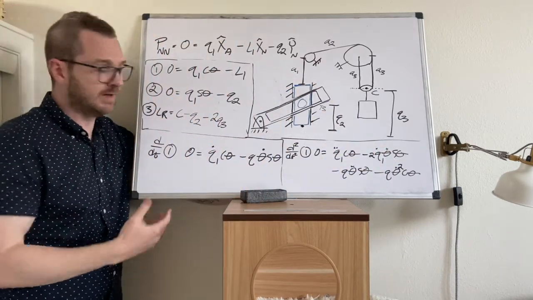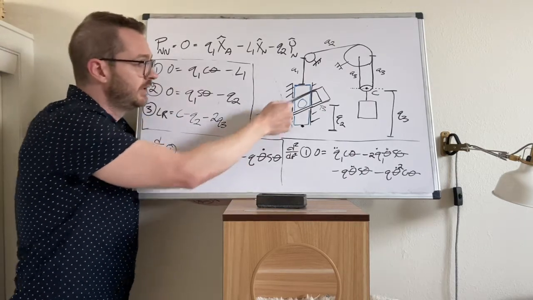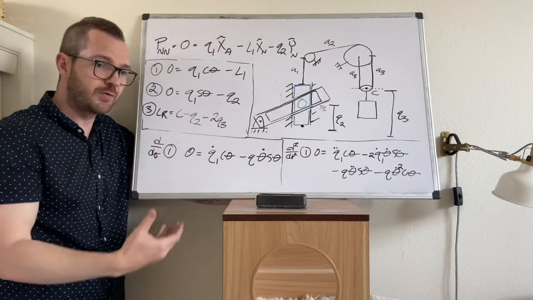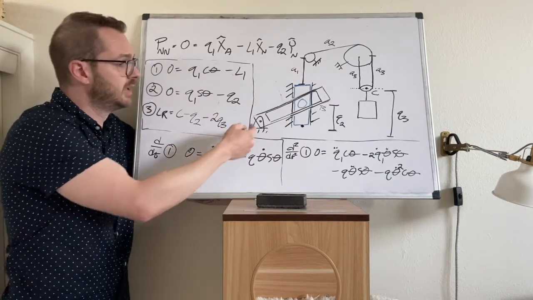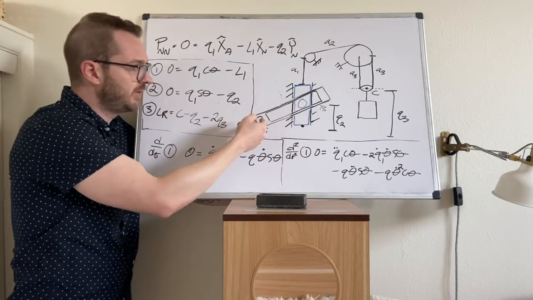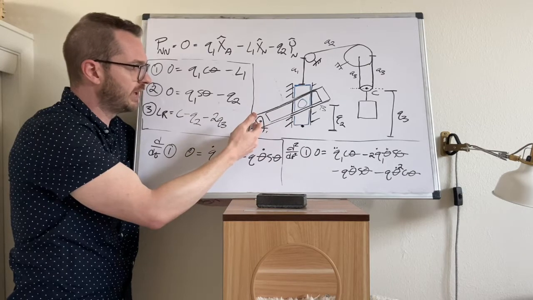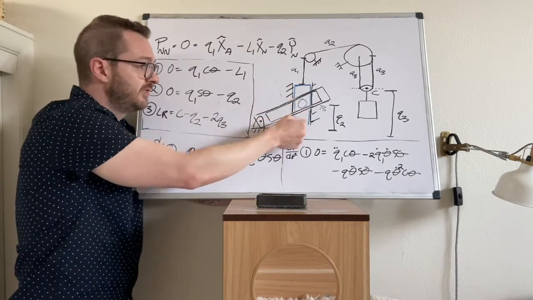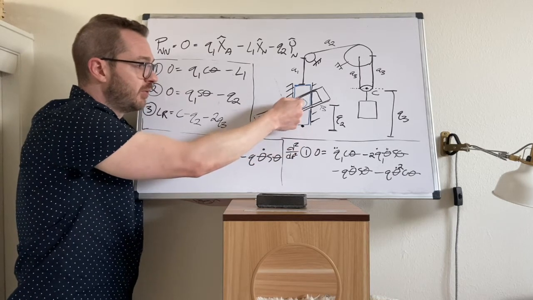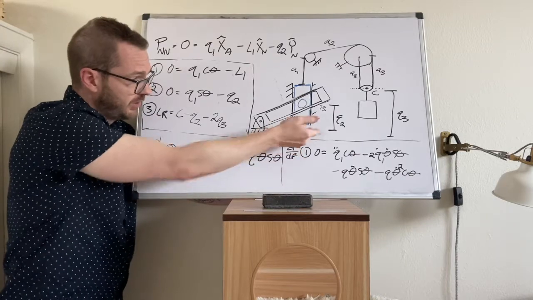What we have effectively done, consider that we did the dot products first. We could have taken the vector loop and differentiated the vector loop. And what would have come out of that? We would have had a slip and a tangential and a normal and a Coriolis going from point A to point B. And then we would have this position vector from point B down to this point on the way back.